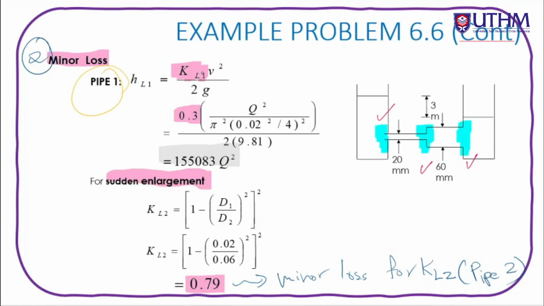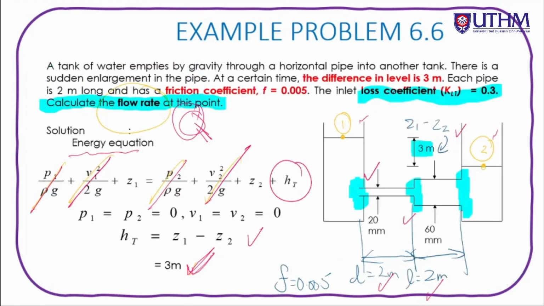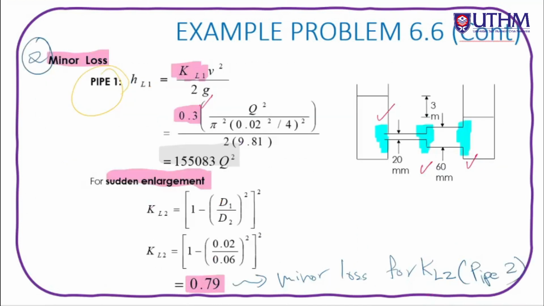Entrance KL1 adalah given 0.3, betul tak? Dia kata apa tadi? Loss coefficients, the inlet loss coefficient, which is the entrance is 0.3. So kita ganti 0.3, yang lain pun sebab dia punya diameter is 20, and then kita replace, kita dapat entrance punya.